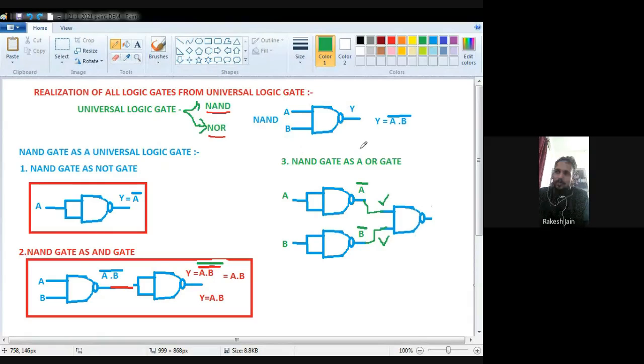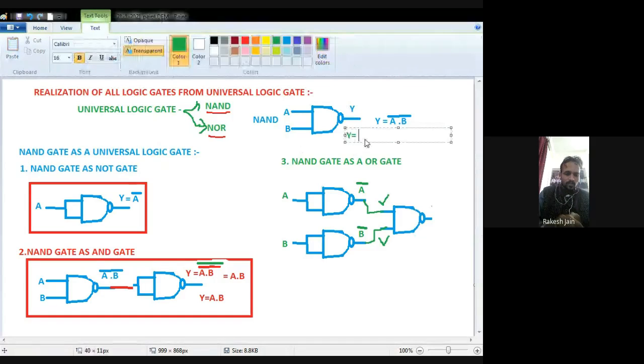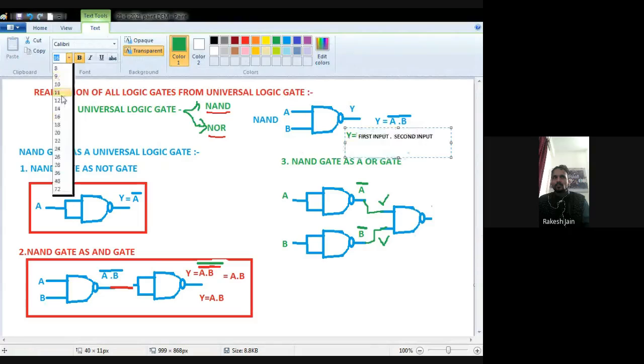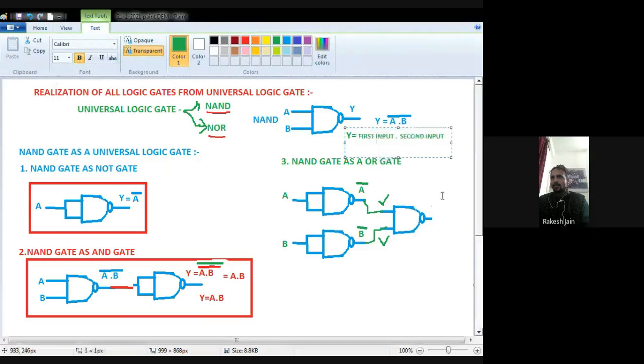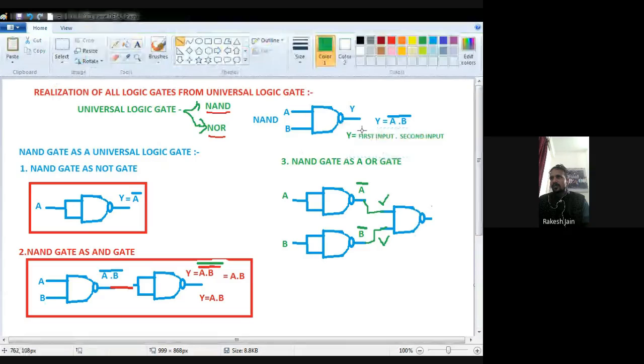Remember this equation of the NAND gate, so you will never be confused: Y is equal to first input dot second input, having a bar. Whatever the first input is, if it is A, put A. If it is B, put B at the second input. If XY, then X dot Y.